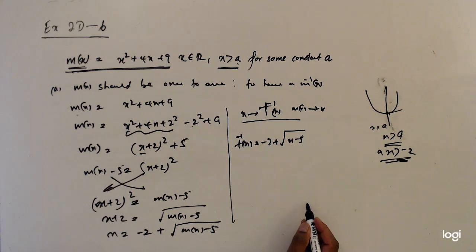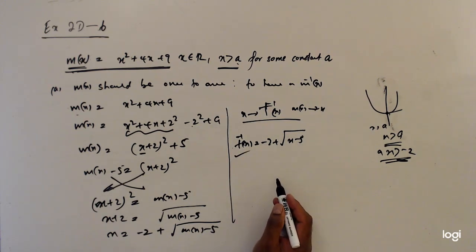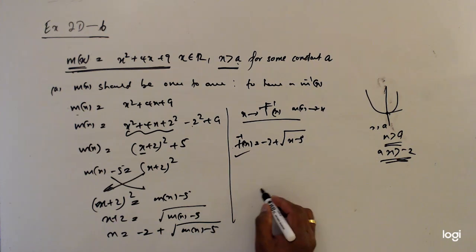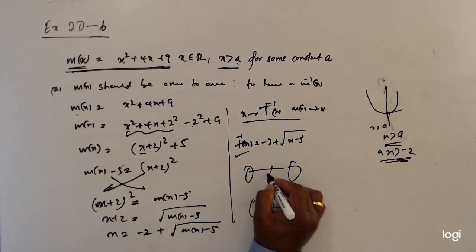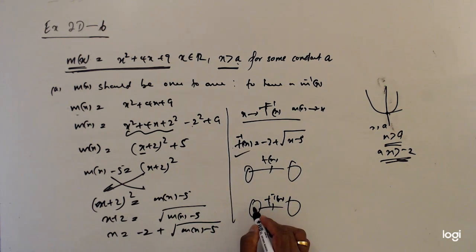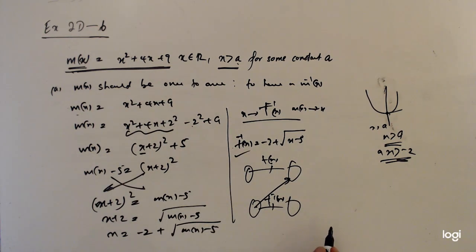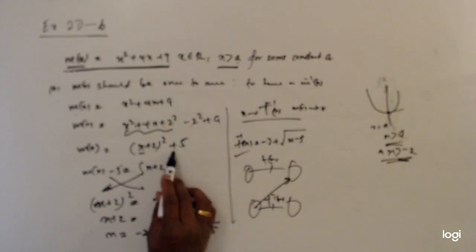Part 2 is to determine the equation we completed and state the domain of M inverse x. The domain of M inverse x means the range of Mx. What is the range of Mx? When x equals minus 2, we know this value is 5.